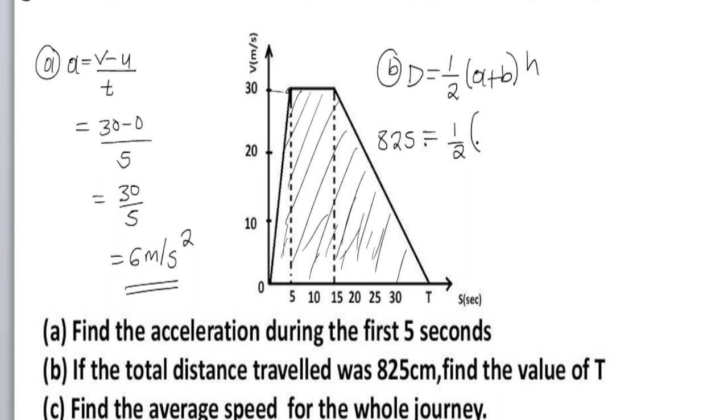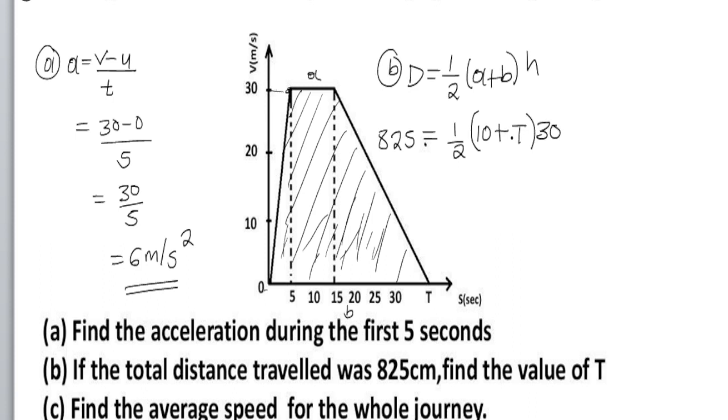Then we're going to say A plus B. If I say this is my A, then this is my B here. If I count from this point to that point, it's between 5 and 15. The difference is 10. And plus B from 0 to t, so it will be t minus 0, which is just t. Then the height. The highest point, if we look at the height, is 30.